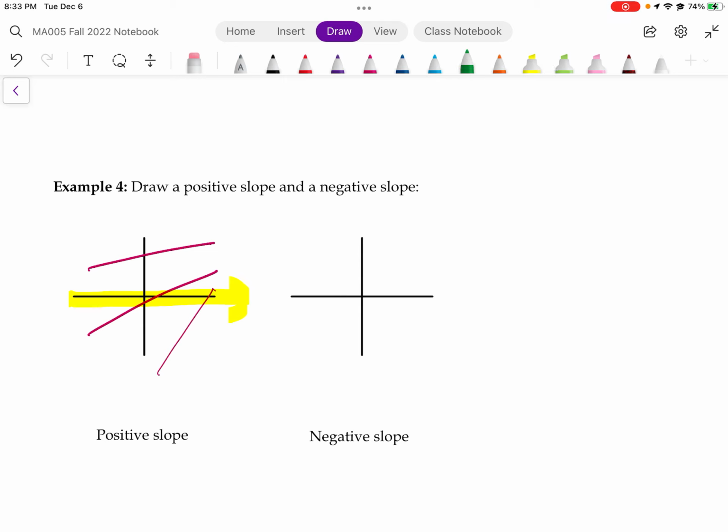So a negative slope is going to go the other way, like that, or really steep like that. And the idea is, again, you're reading the graph from left to right, just like you read a book, left to right, and you would end up sliding downhill as you go left to right. Okay, so that's a negative slope.